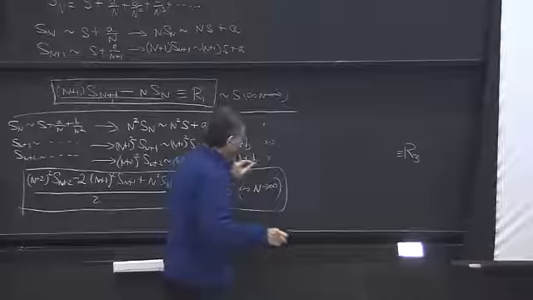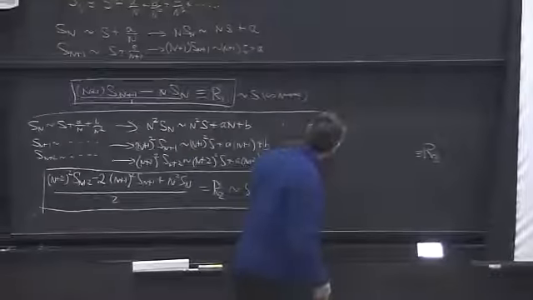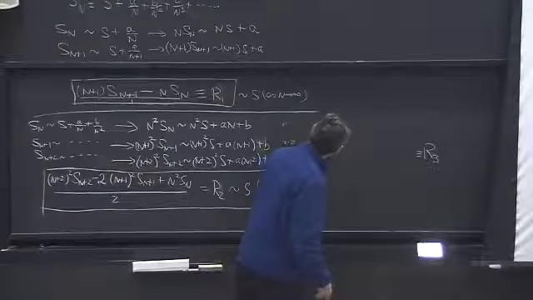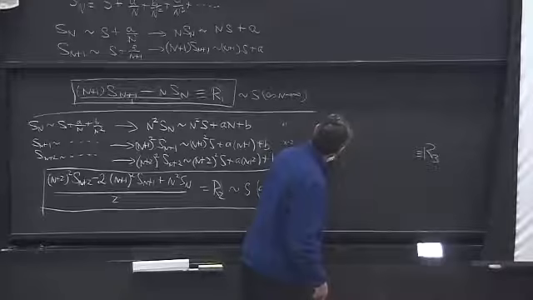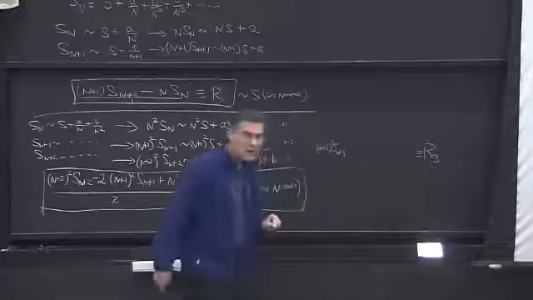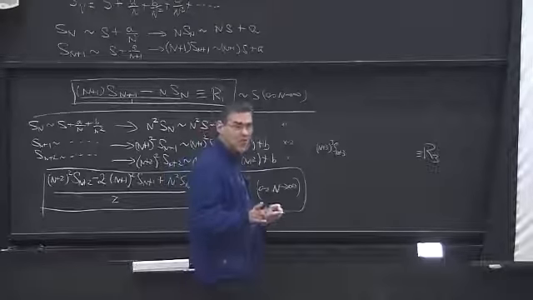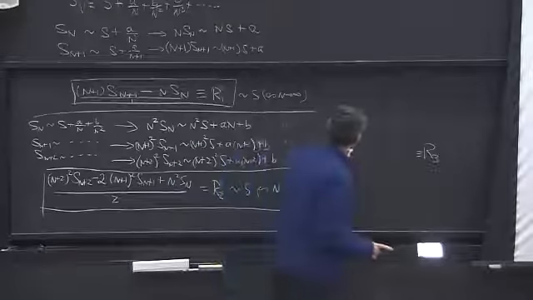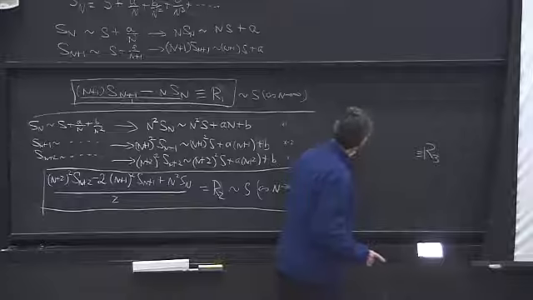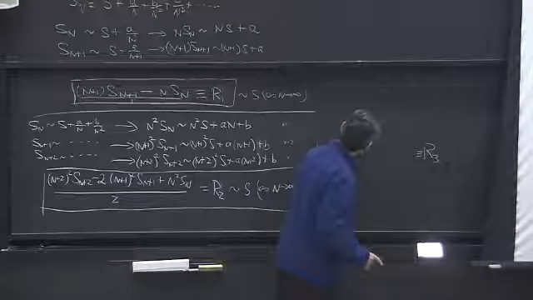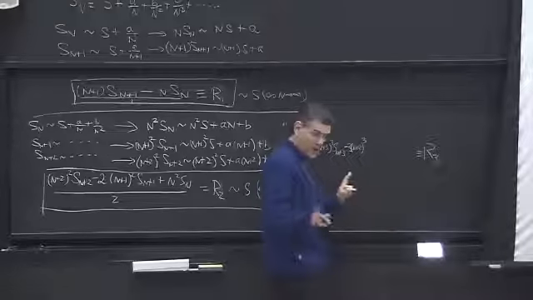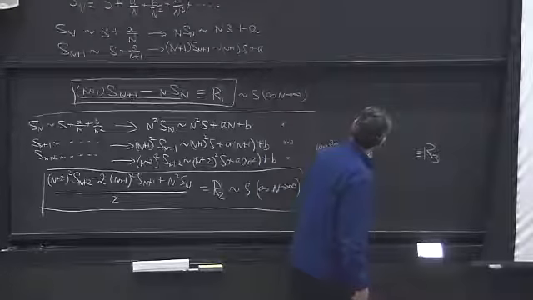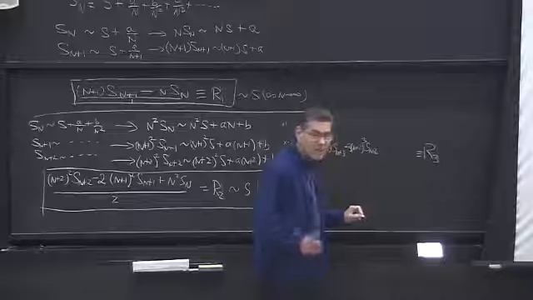Okay, so let me just write what you're saying. So you say n plus 3 cubed, Sn plus 3, minus 3, very good, minus 3, 2 cubed, n plus 2 cubed, Sn plus 2, plus 3.